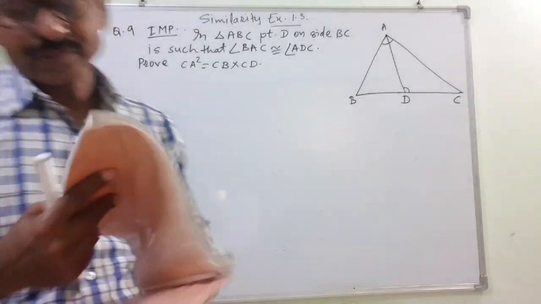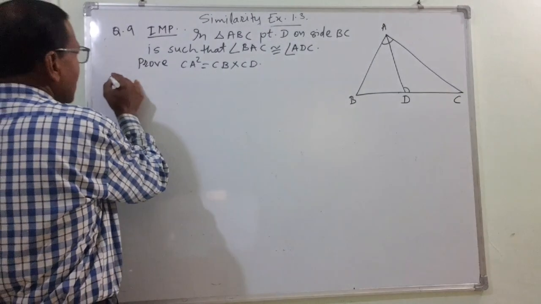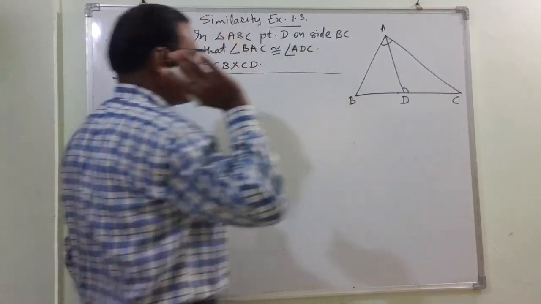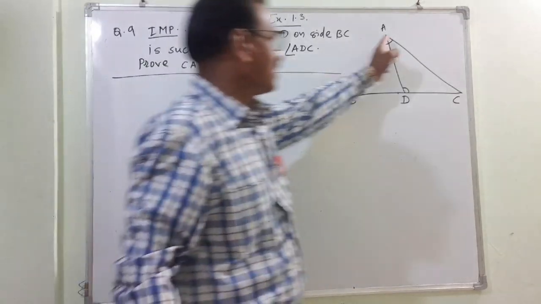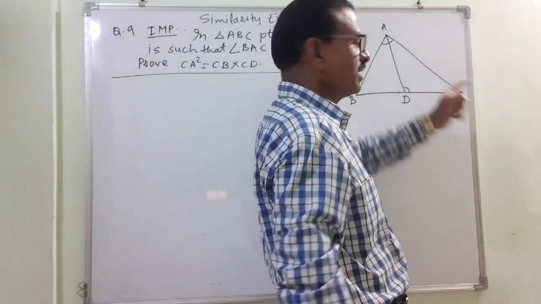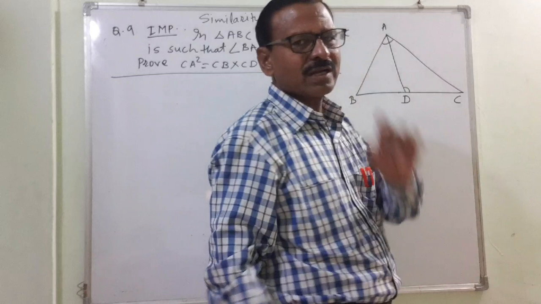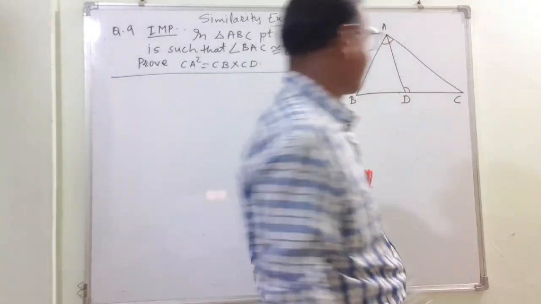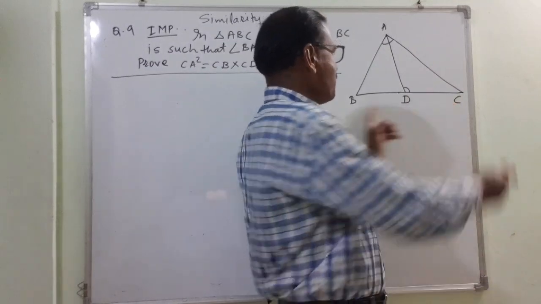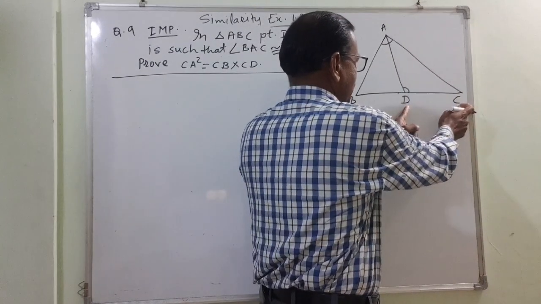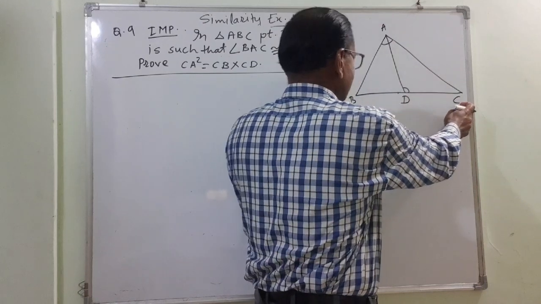For such proofs, which triangles I have to consider, that I have to take first. CA square means CA into CA, which means there should be two triangles whose CA is the same. Then CB into CD. CB is the side of this bigger triangle.